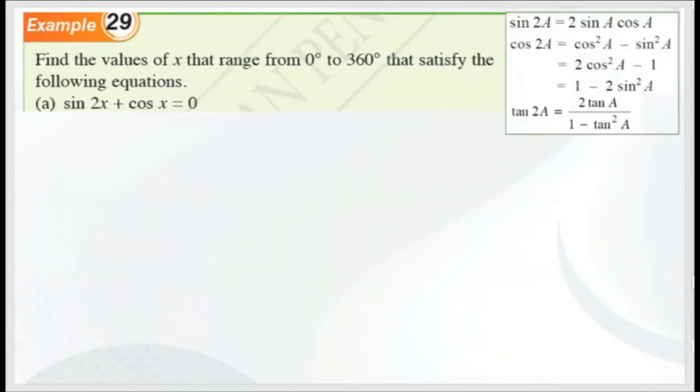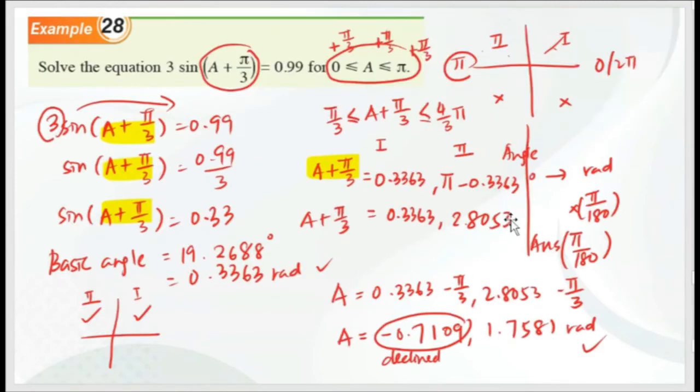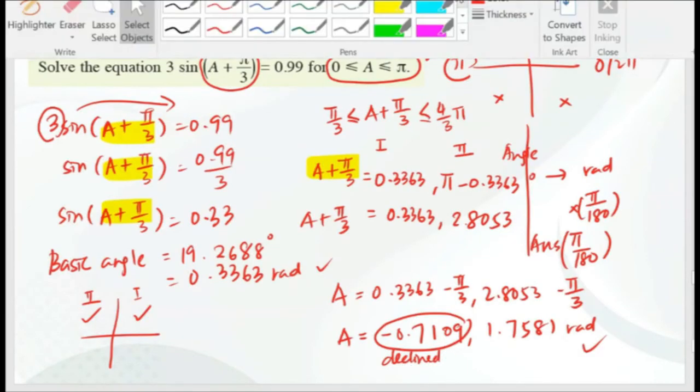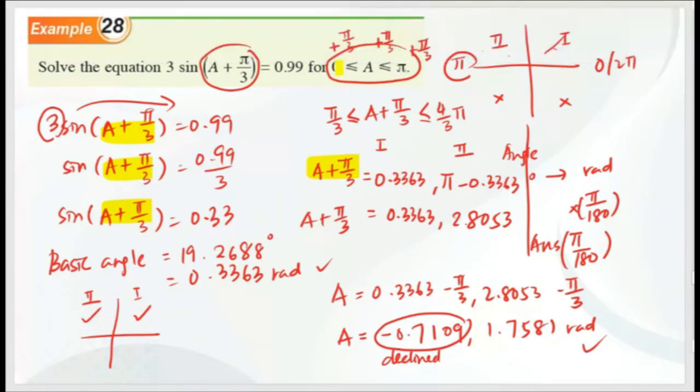Then now we go to example 28, 29. Look at your textbook. Why do we decline this one? Because of the question.